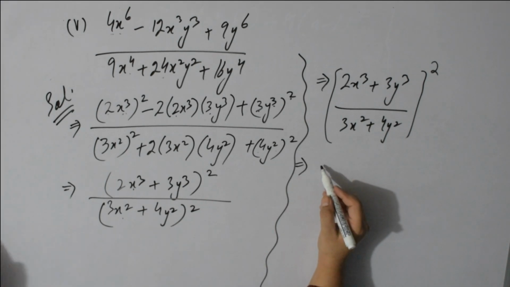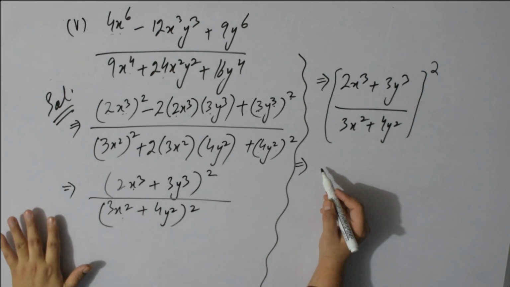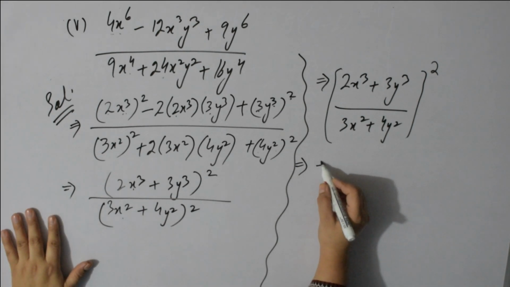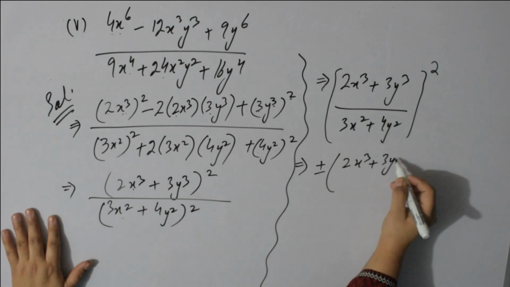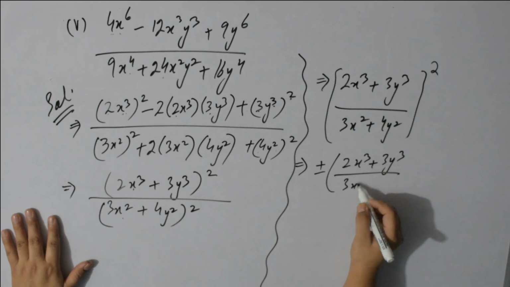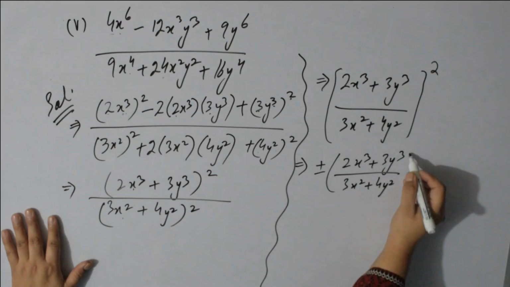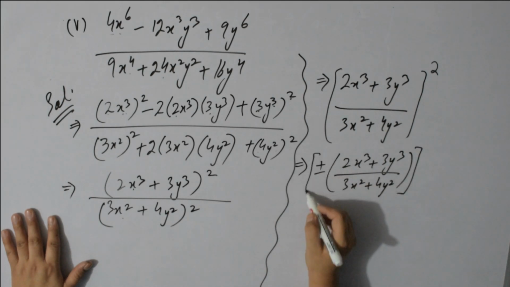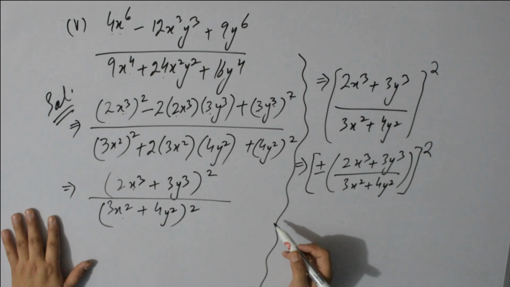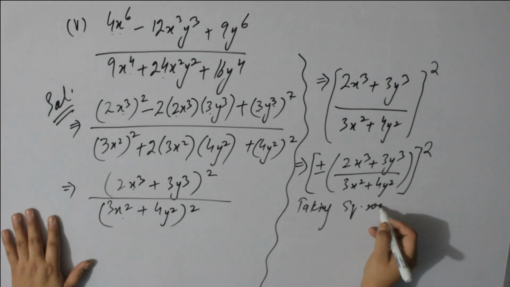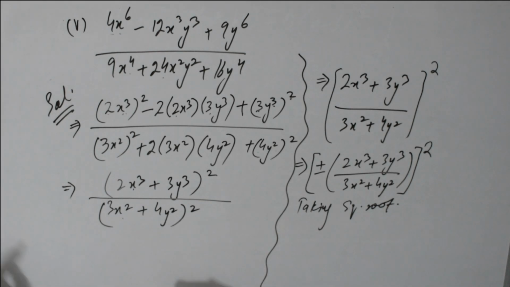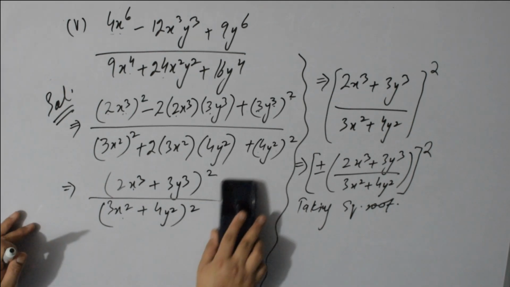Then of course when your simplification and whole square is done, you will obviously go for its plus minus sign. Its square, and then taking square root. Obviously you will write taking square root on both sides.